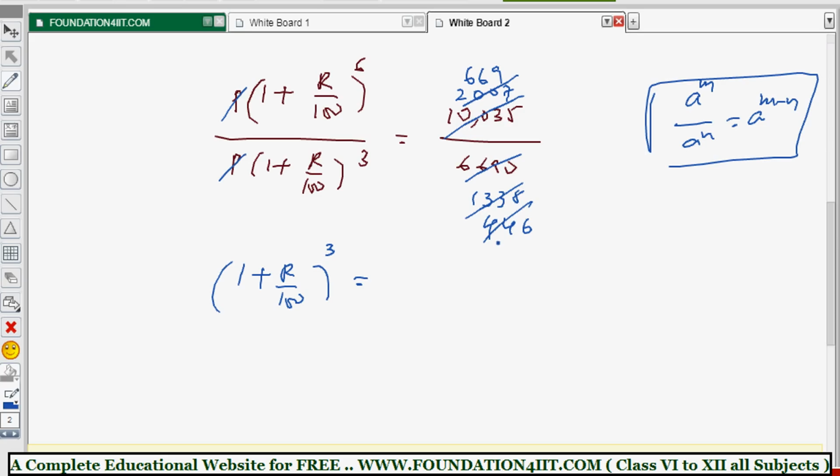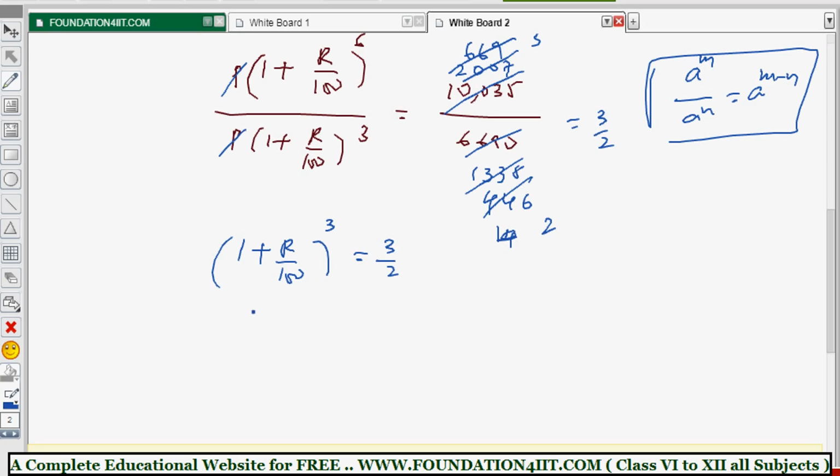Cancel by 3 again, or otherwise 446 and 669 are directly 2 times 223 and 3 times 223, so 2 and 3 directly. So it is 3 by 2. Calculation you should be careful. Finally we got (1 plus R by 100) whole power 3 is equal to 3 by 2.